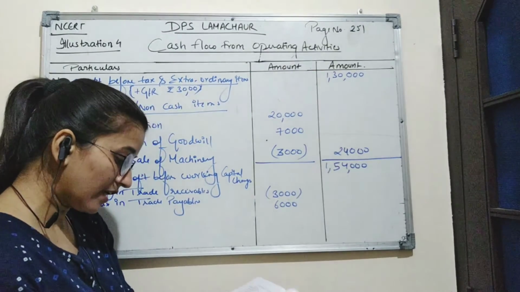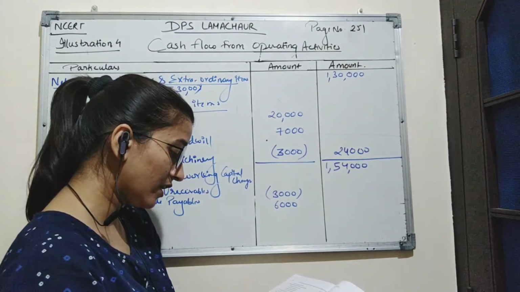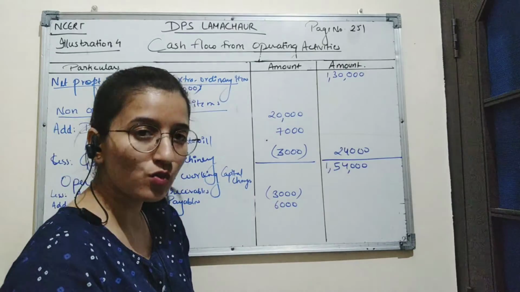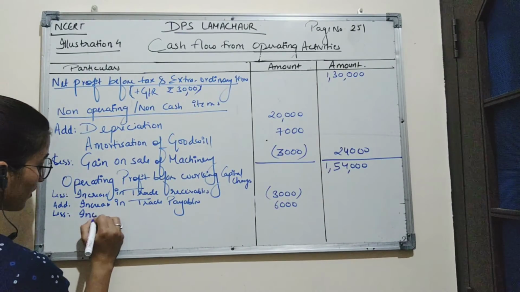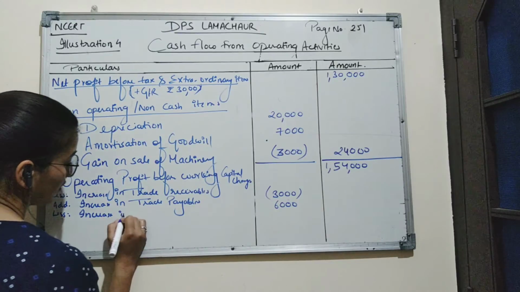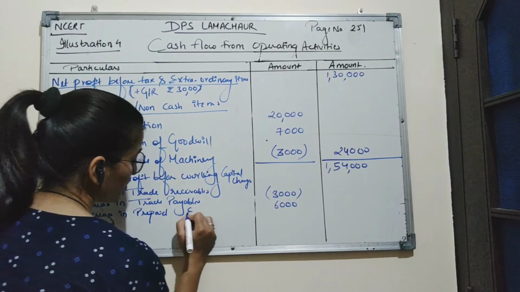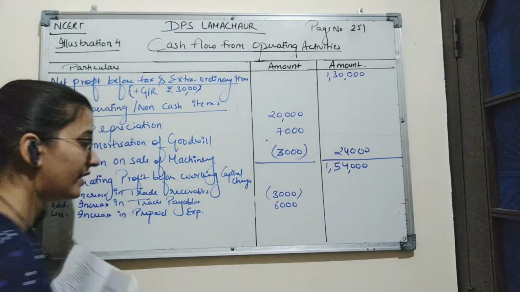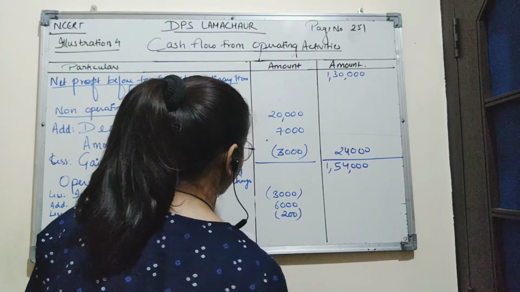Next point is again current asset is increasing, prepaid expenses is showing an increased balance of rupees 200. So we will subtract increase in prepaid expenses, which is considered as current asset. Amount is 200.